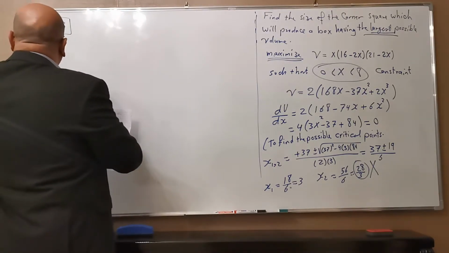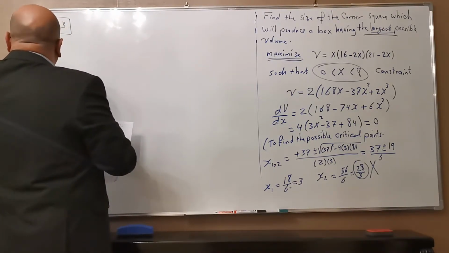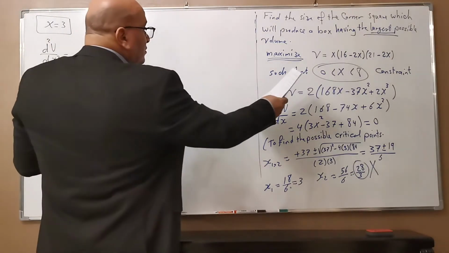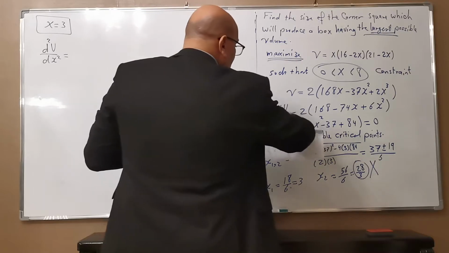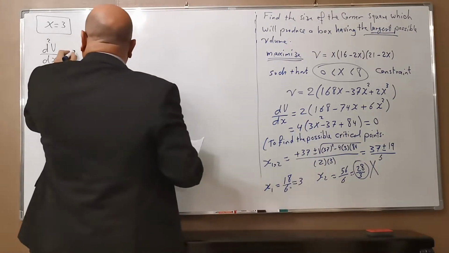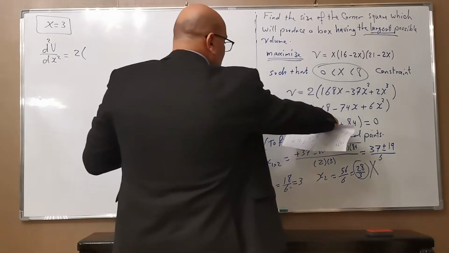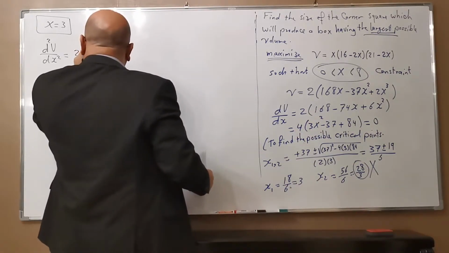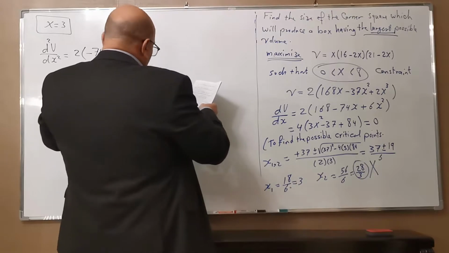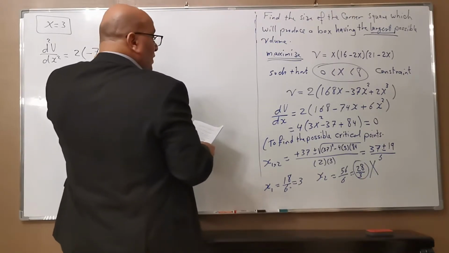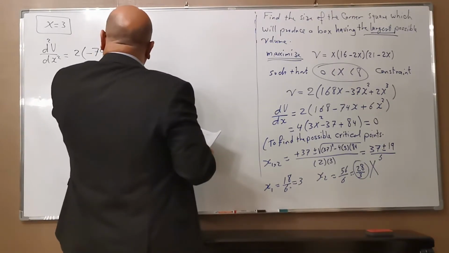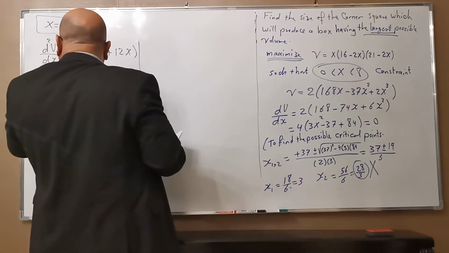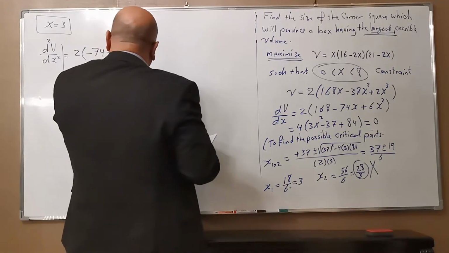We will find d2v by dx squared, which is equal to, from the function here, 2 times the derivative of 168 is 0, minus 74 plus 12x, and this should be applied at x equals 3.